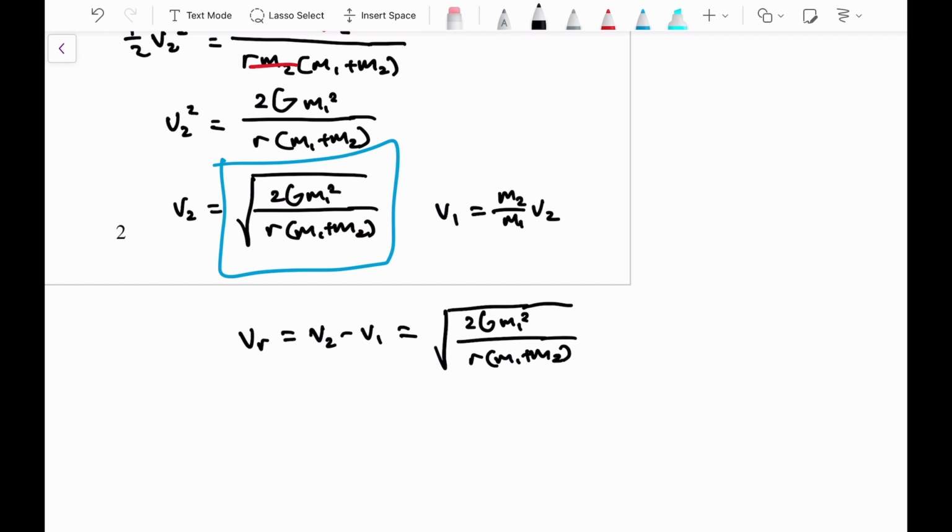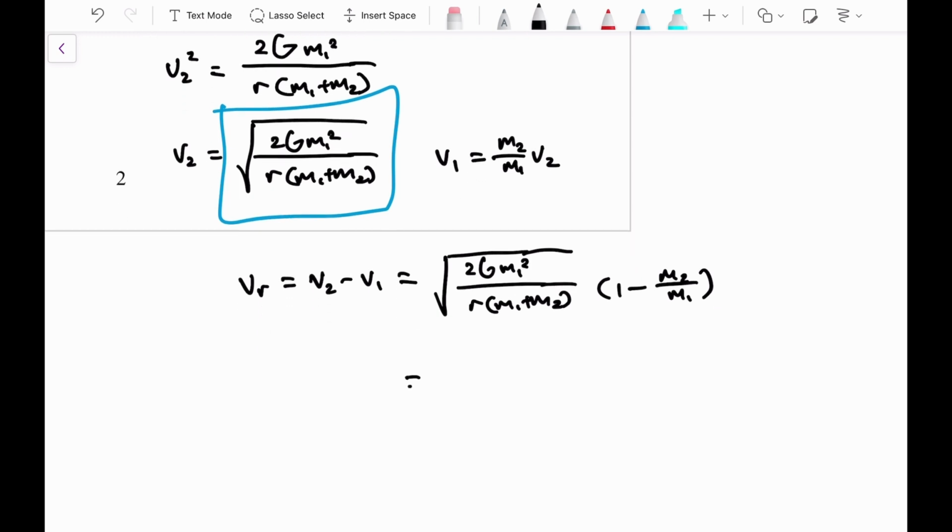And what happens when we factor this entire thing out is 1 minus m2 over m1, right? And so we can further simplify this.